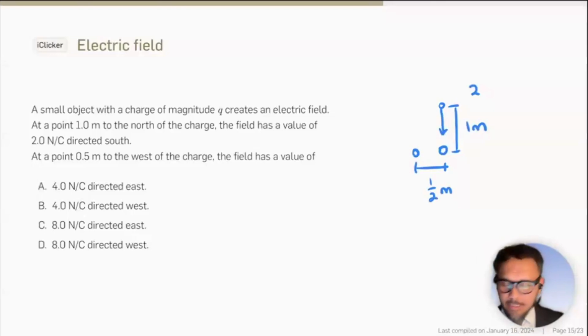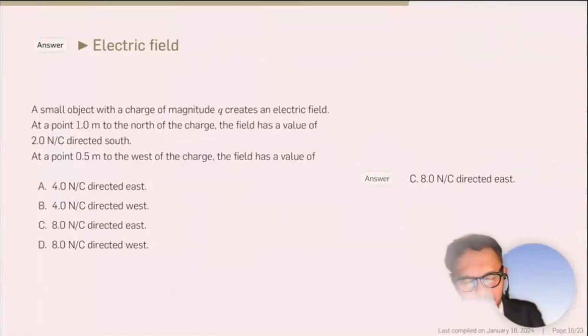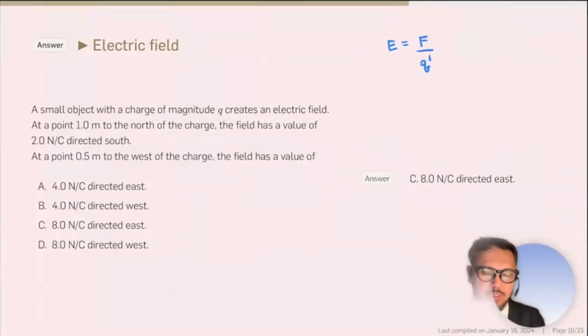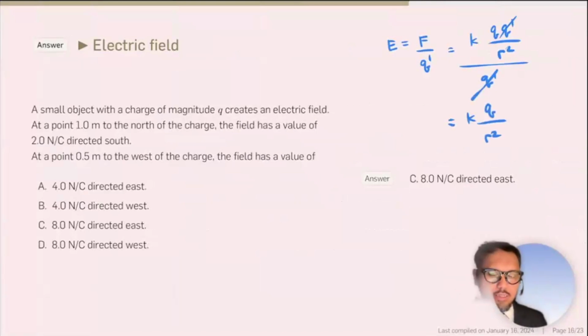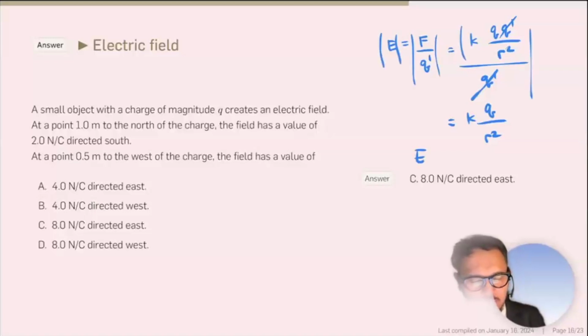All right, welcome back. The field is described as F divided by the test charge. So this is equal to k Q prime divided by r squared, divided by Q prime, and this one cancels. So it's kQ divided by r squared, right? So basically E, again, we're only talking about the magnitude here, is proportional to 1 over r squared.